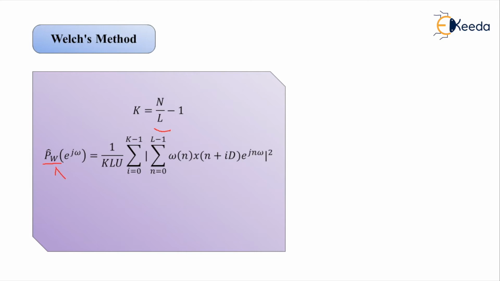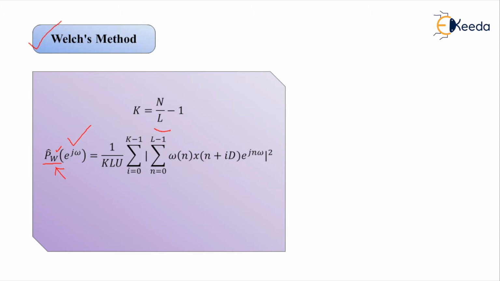For the periodogram method of power spectrum estimation, we write capital P cap with suffix PER in small case, as a function of e to the power j omega. For the modified periodogram, to the suffix of capital P cap we use capital M. For Bartlett's method, capital P cap has the suffix capital B. And here it is W for the case of Welch's method.